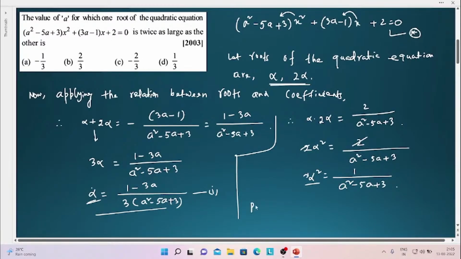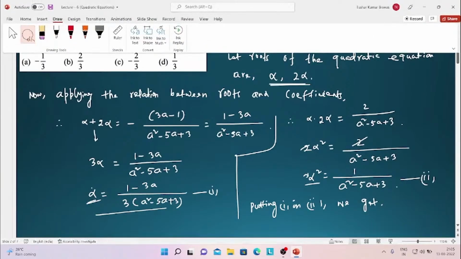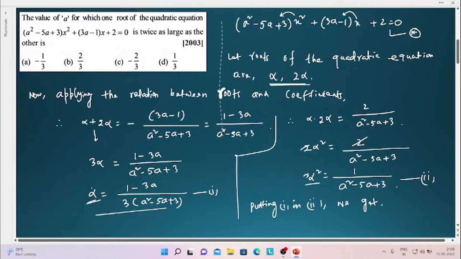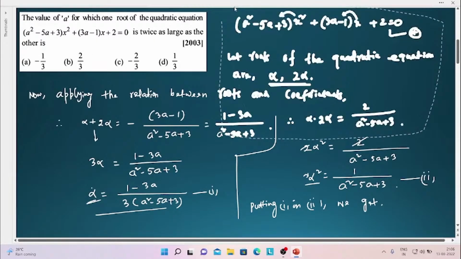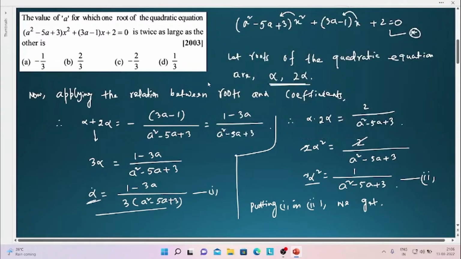So putting equation 1 in equation 2, we get... Let me first erase that part so that I will have more space.